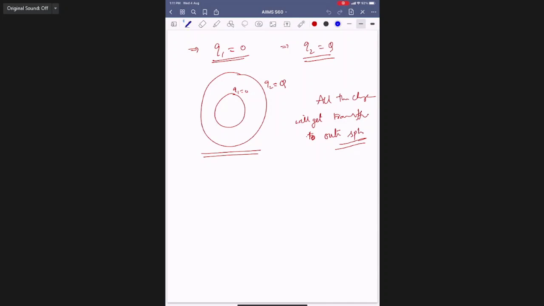Certain relation between drift velocity and current. Just a minute.